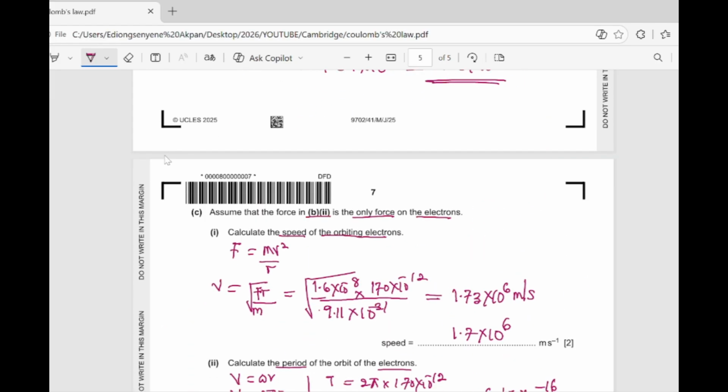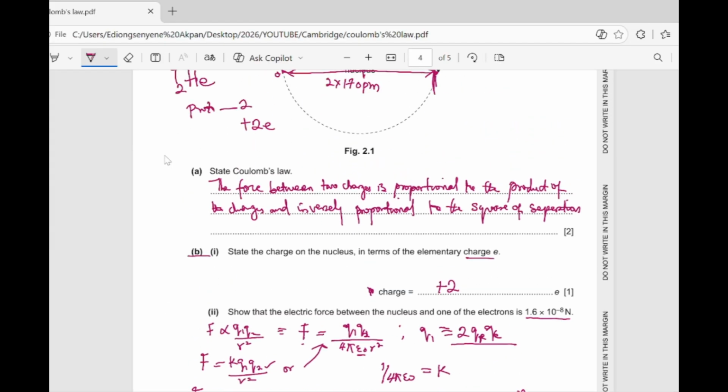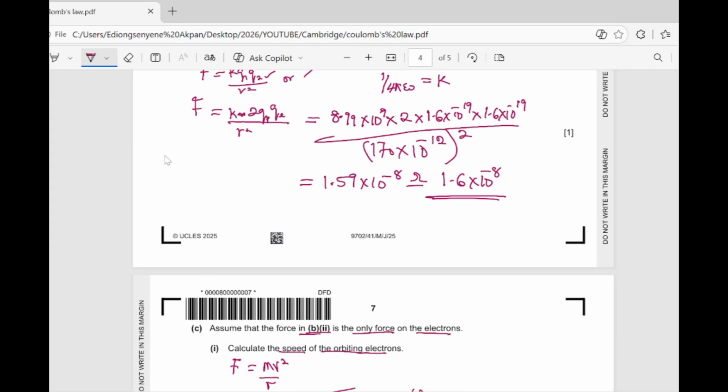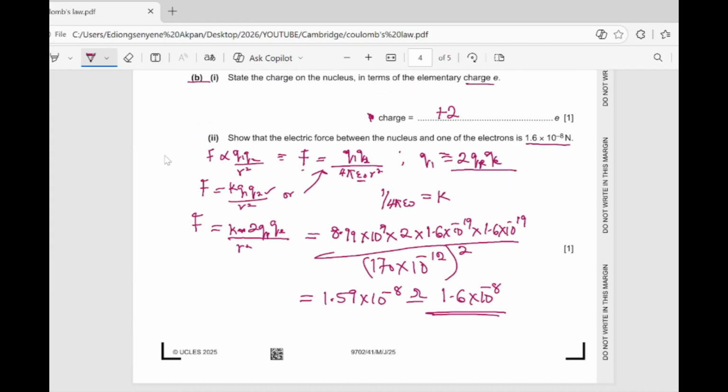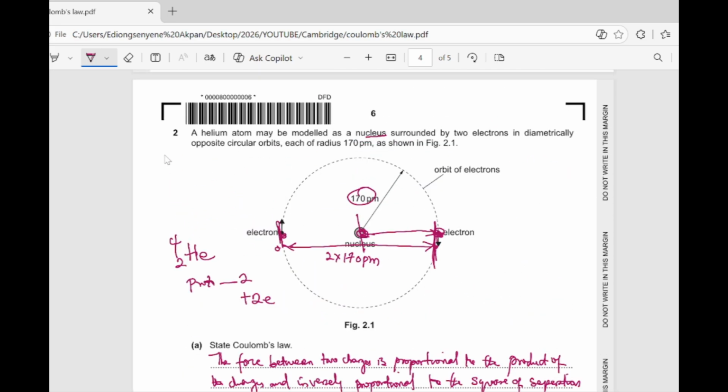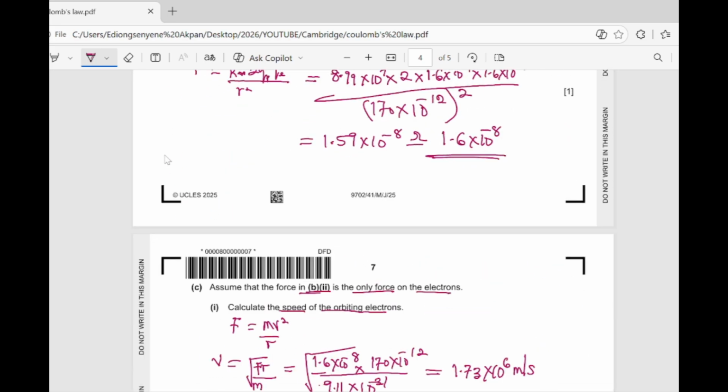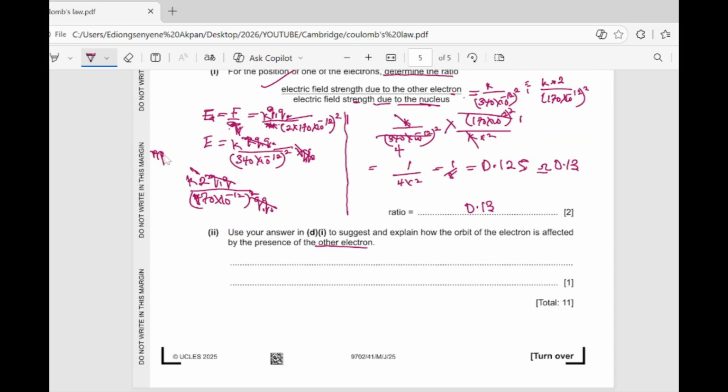It's not going to be only the force that we had as 1.6 times 10 to the power of minus 8. For us to now consider the speed, it means that it will not just be F equal to mv squared over r. It will simply be F minus another force, whatever force, equal to mv squared over r.